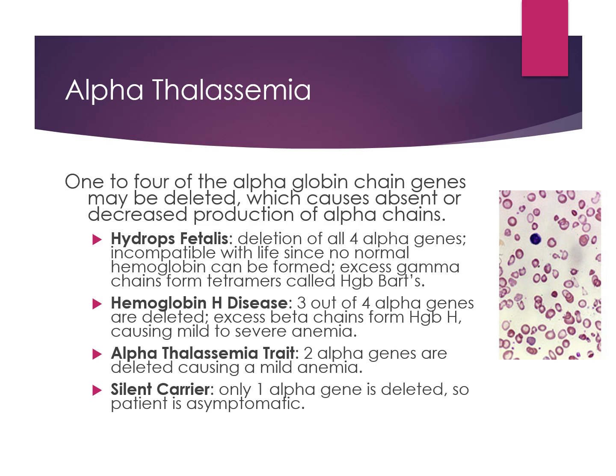The first type of thalassemia that I want to introduce you to is called alpha thalassemia. Now, alpha thalassemia affects the alpha globin chains. And this is where we have 1 to 4 of those alpha globin chain genes, which may be deleted and may cause an absence or decreased production of alpha chains.